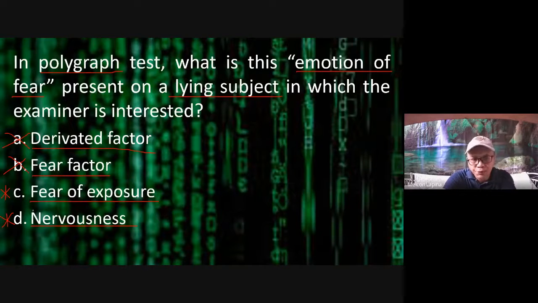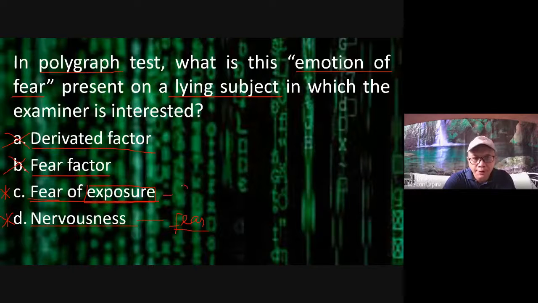Kung i-analyze mo to siya, ang choice na maigi. Ang nervousness, ito yung takot, no? Ang pinaka-term dito ay fear. Takot. Pero anong klaseng takot to siya? Ang sabi dito, fear of exposure, specific. Specific na takot. Takot na mabisto, mahuli, malaman.